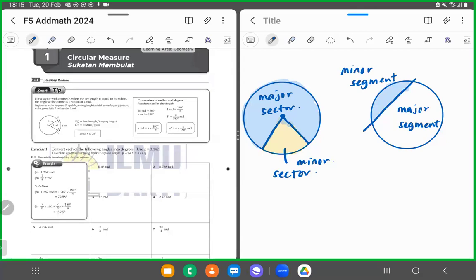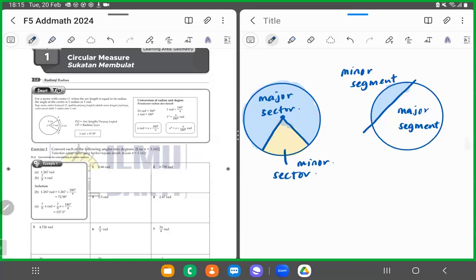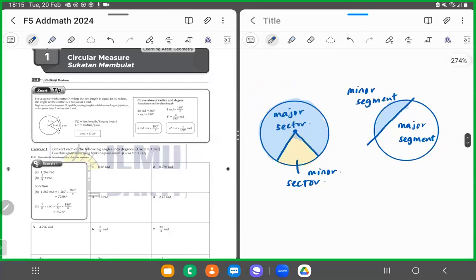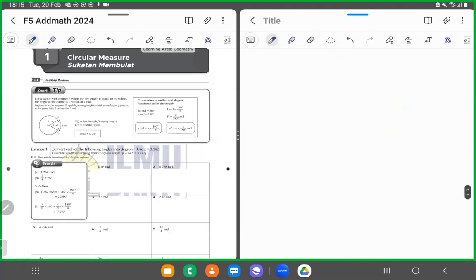Okay, very good. So in this chapter we will deal with all these things, the names I wrote just now. For the very first part of the chapter, we deal with angles first. Previously we measured angles in degrees, like 30 degrees, where the small circle is the unit for angle.